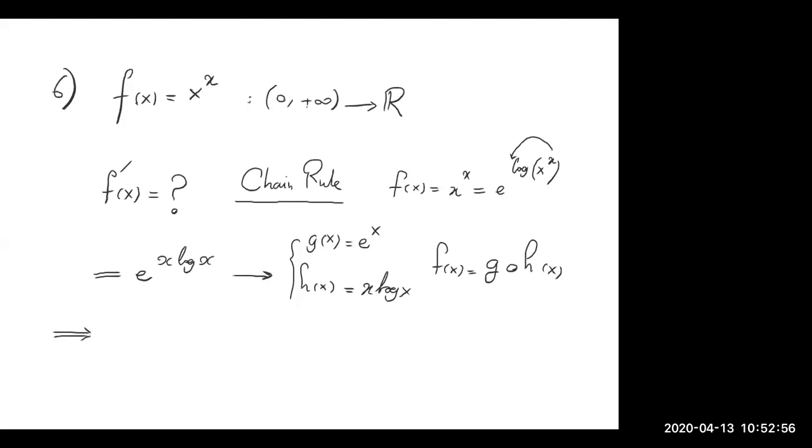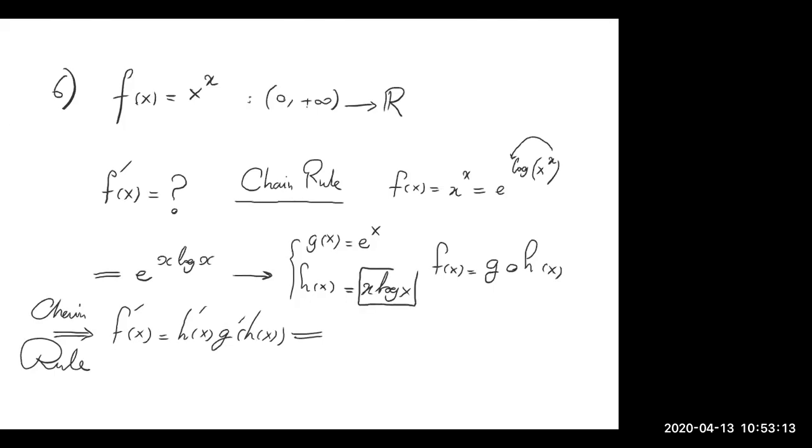Now the chain rule tells us f prime of x is h prime of x times g prime at h of x. Now h prime of x, using the product rule, is the derivative of the first, 1, times log of x, plus the derivative of log, which is 1 over x, times x, which is 1.